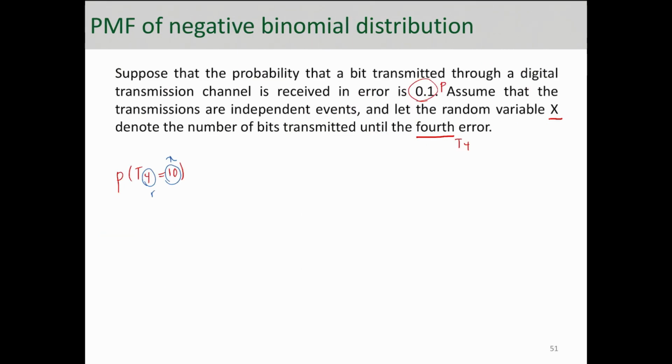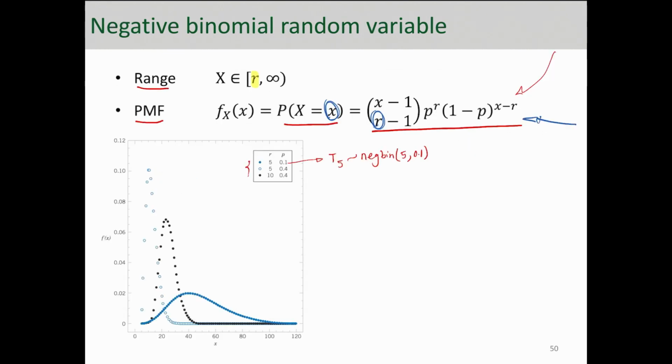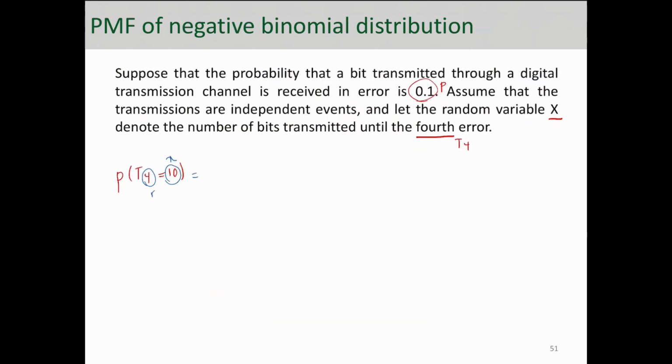Now, to calculate this probability, we follow the PMF formula for the negative binomial. So that will be equal to 9 choose 3, 0.1 to the 4 times 0.9 to the 6. That is equal to approximately 0.0044, which is a very small probability.